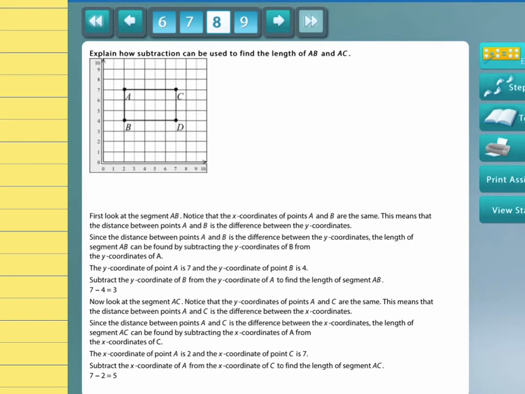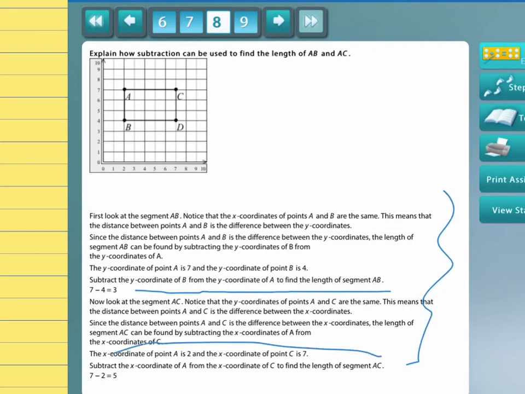Spend a little time reading this. The y-coordinate of point A is 7, and the y-coordinate of point B is 4. So subtract the y-coordinate of B from the y-coordinate of A to get the length of AB. And for this one, subtract the x-coordinate of A from the x-coordinate of C to get the length of the segment AC.